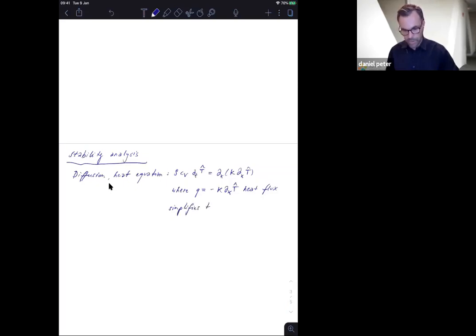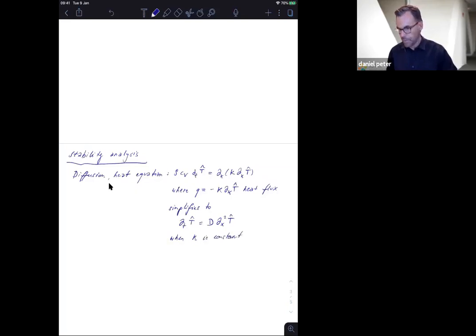So it simplifies to the time derivative of temperature is equal to D, that's now the diffusivity constant, times the second order derivative with respect to x of the temperature. So that's when the conductivity is constant.